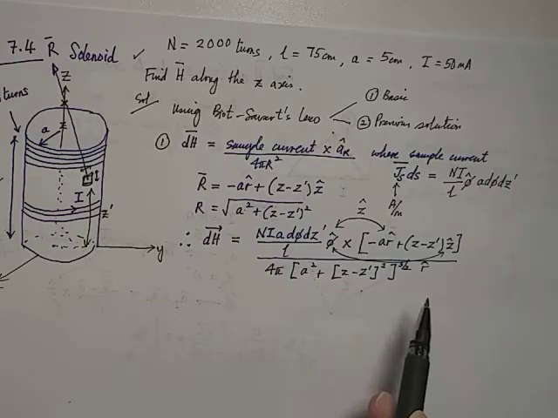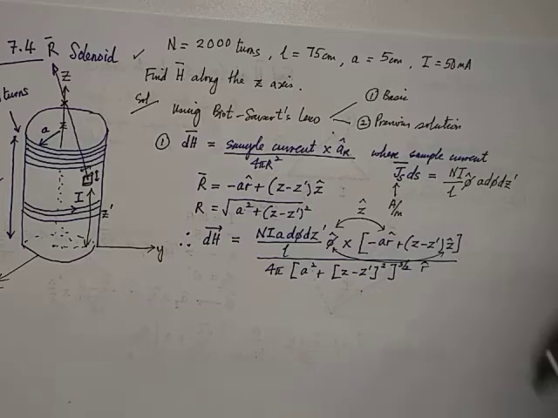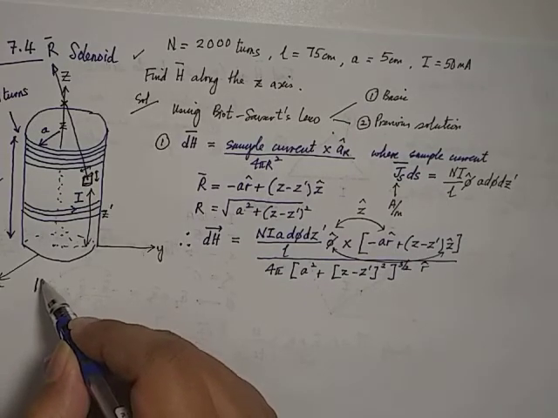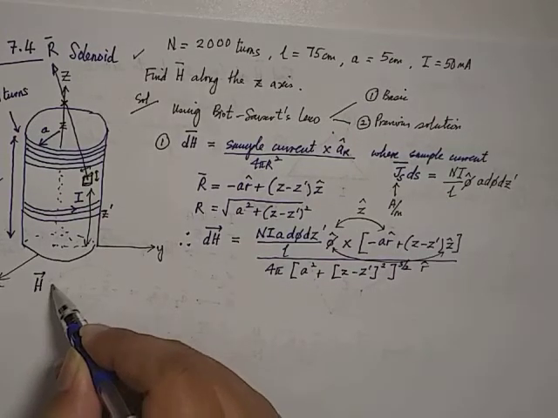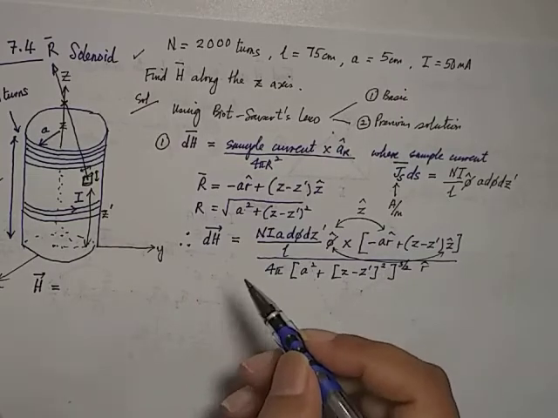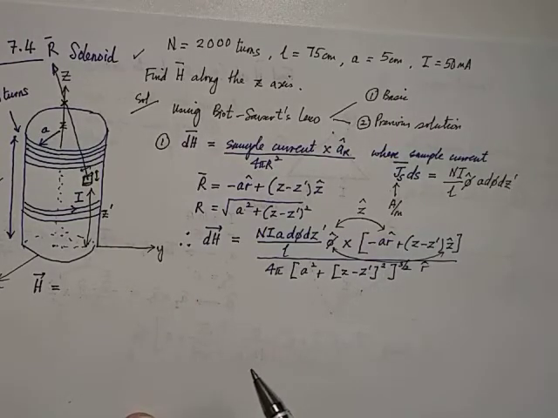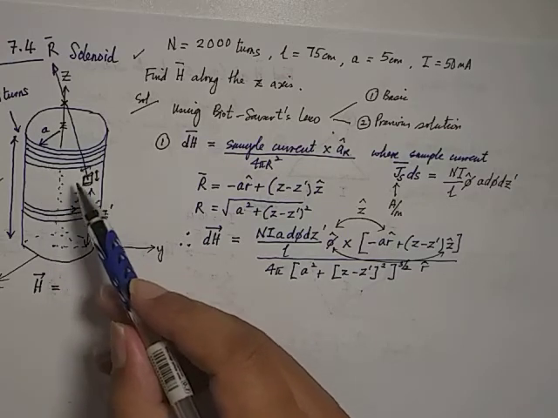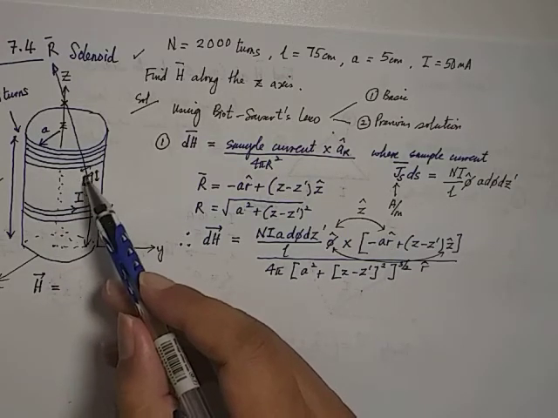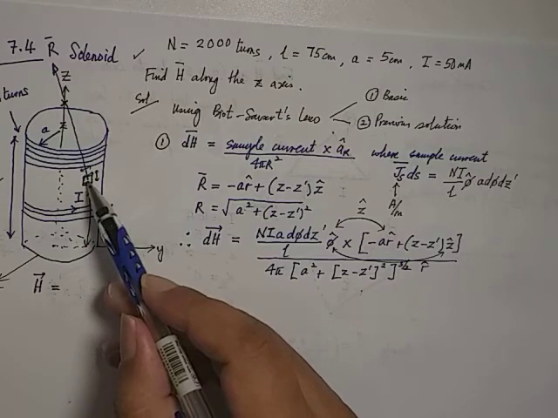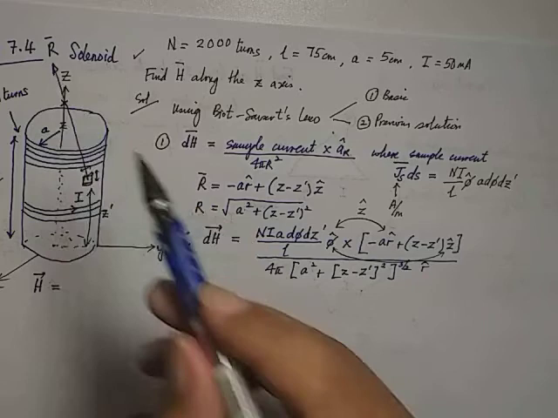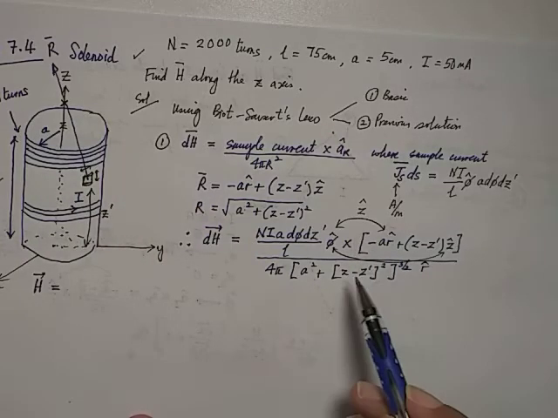From our previous example, we know that when we do the integration, let's say I want to find my H, which component is going to cancel out? From the properties of the sample here, H can be divided into the Z term and the R term.